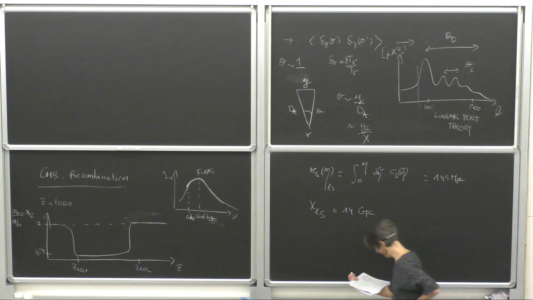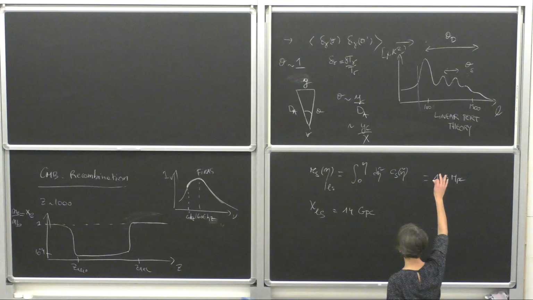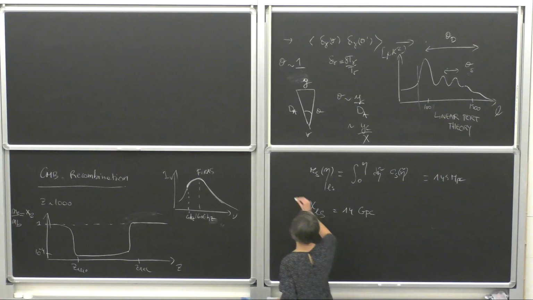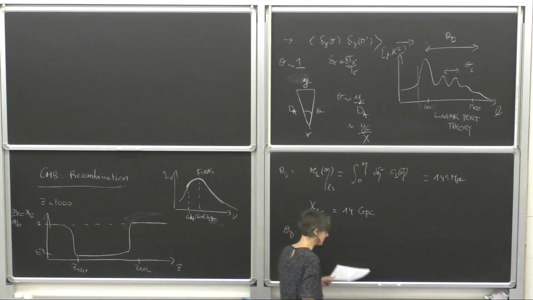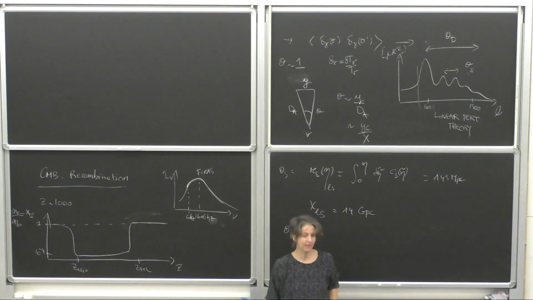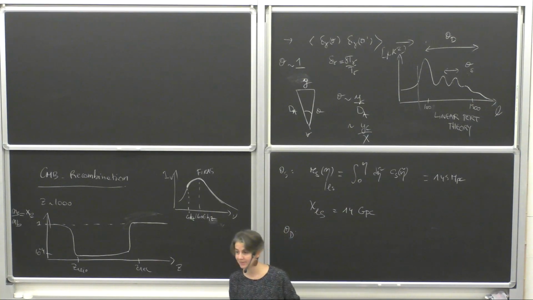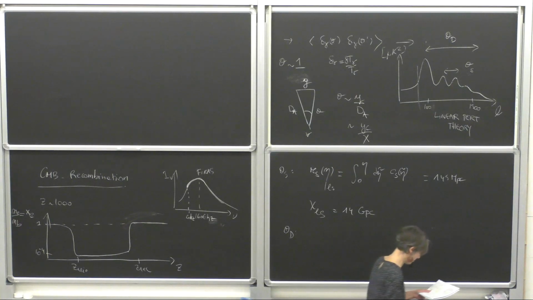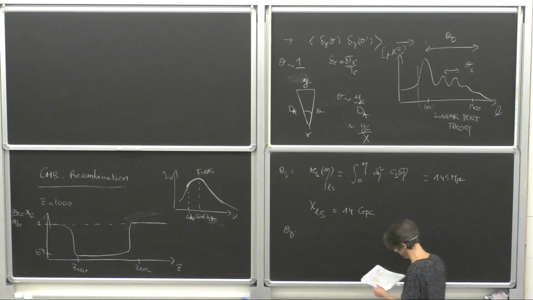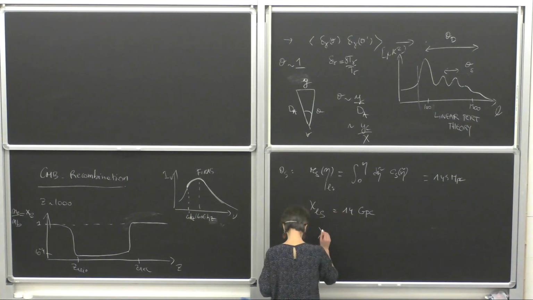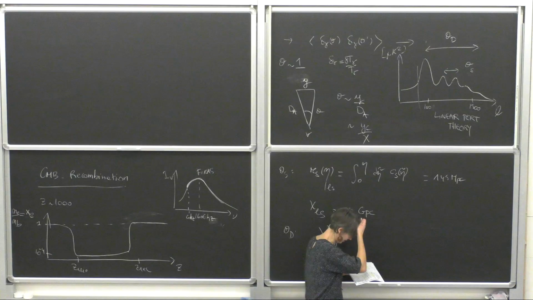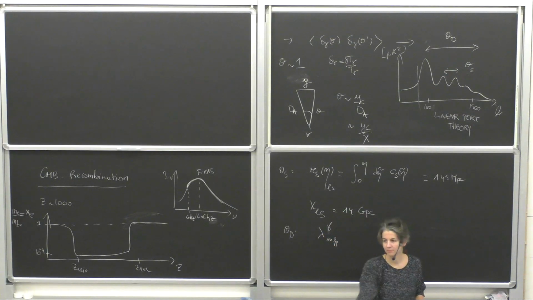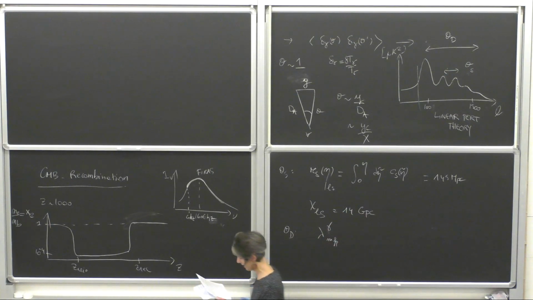Another interesting scale is this theta_D. So this was for theta_s. For theta_D, the diffusion scale, the scale from which your power spectrum is going to be damped strongly, you can directly relate it to the mean free path of photons in this plasma right after last scattering.